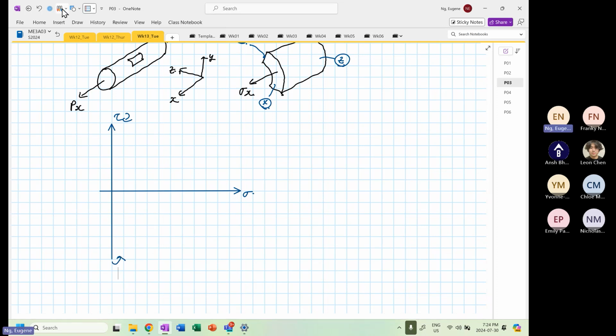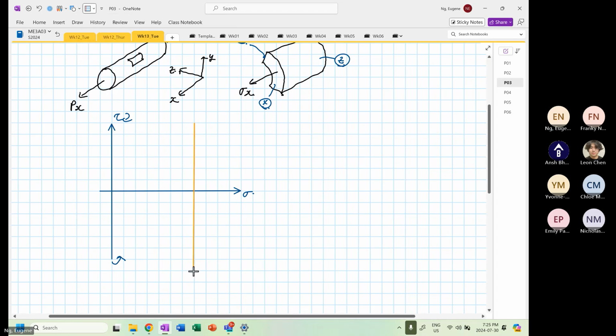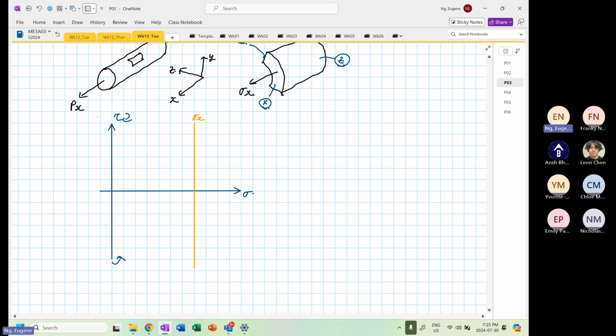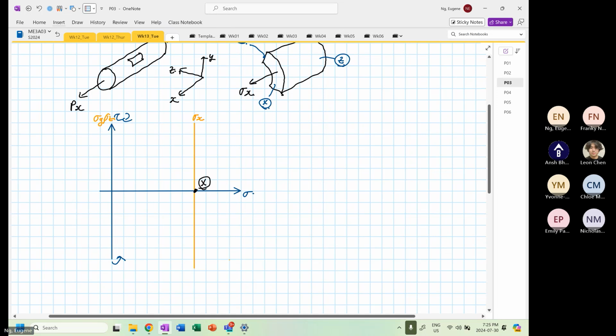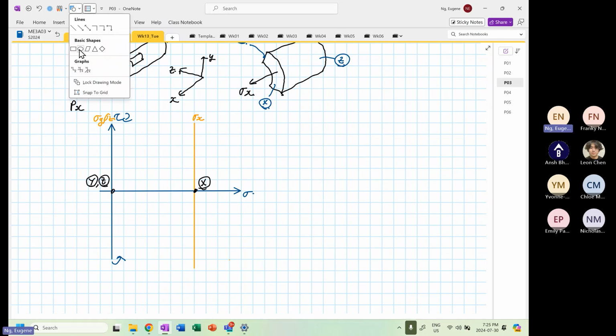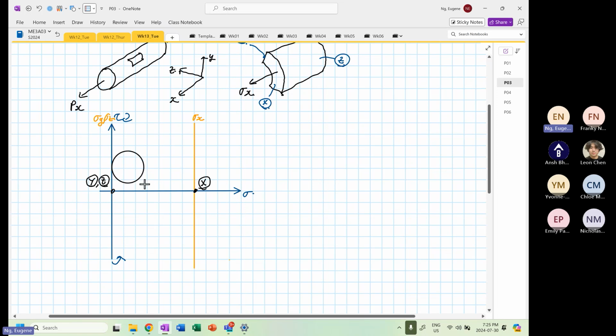And we are aware that over here, this is our normal stress X, normal stress Y, and normal stress Z. And over here, this is our point X, and the other point is our point Y and our point Z. Then again, we construct the 3D Mohr circle. And because X and Y are at a single point, this is how our 3D Mohr circle will look.